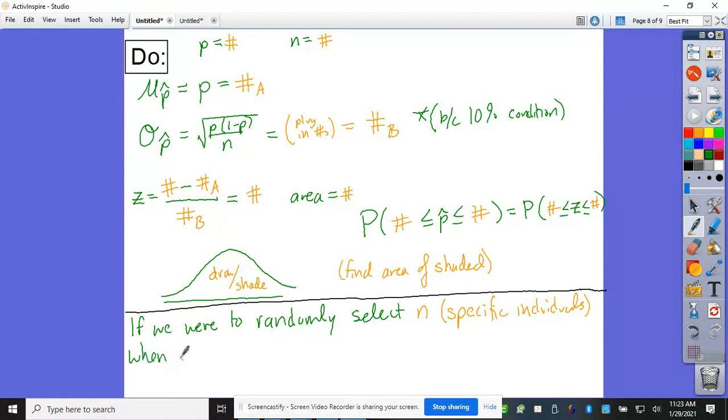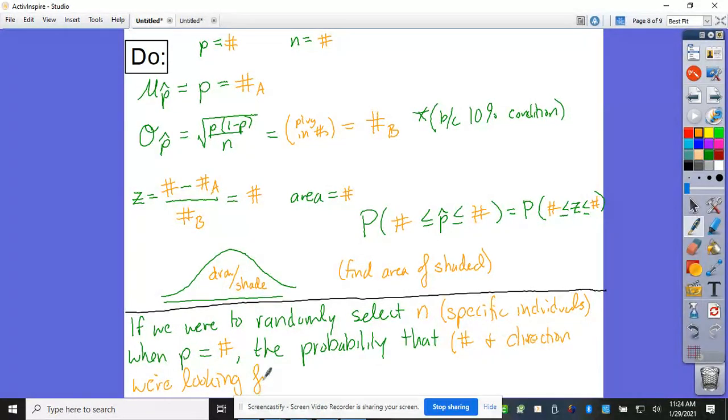When it actually is true that P equals whatever number they gave us, then the probability that number and direction we're looking for. If y'all need to pack up and just have your phone out to take a picture when you leave, that's fine. In context is.